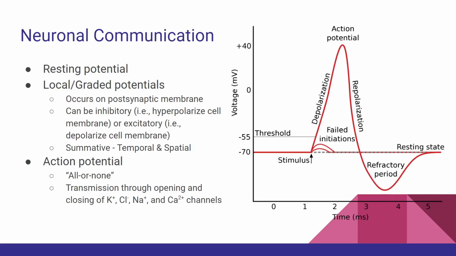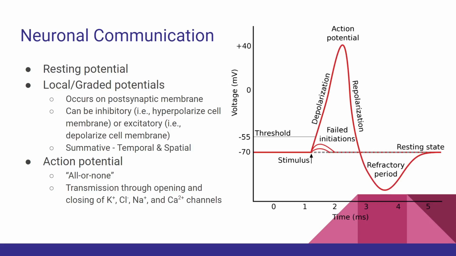I'm not going to get into the specific details about the ionic exchanges that occur to propagate action potentials. I think it's sufficient at this time to know that we have a resting potential, and local or graded potentials build up until we reach a certain threshold.